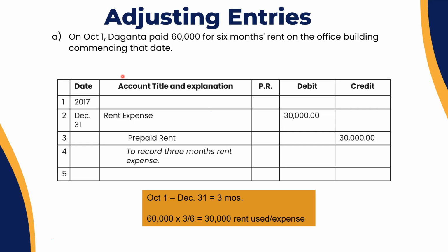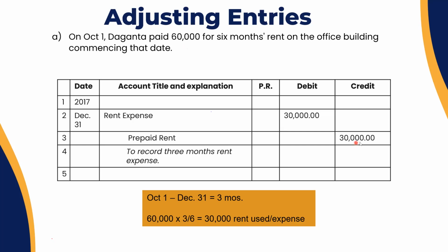Kung sa adjustment, magka-credit ka pa ng cash, doble na. Nag-credit ka na ng 60, nag-credit ka pa ng 30. So, parang 90,000 na binayaran mo. So, hindi yan cash. Guys, if we want to adjust, ano bang gusto nating i-adjust dito? We want to adjust our prepaid rent natin. So from 60,000, we want it to decrease by 30,000 pesos.